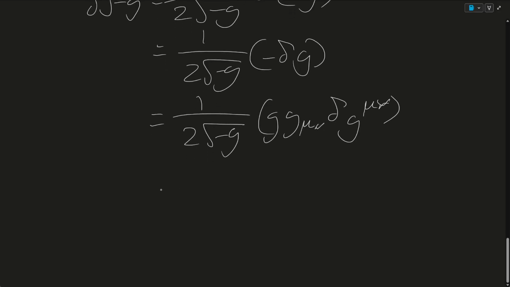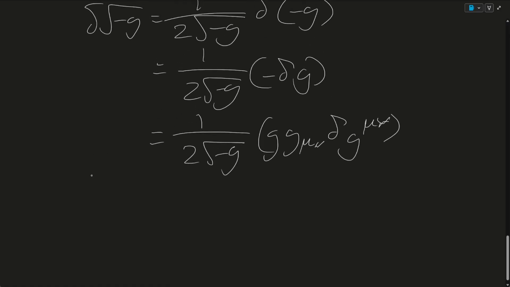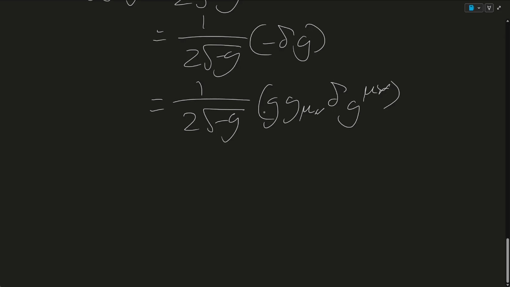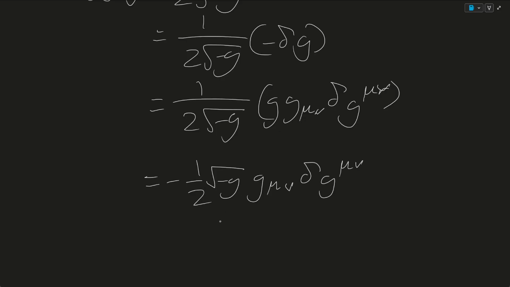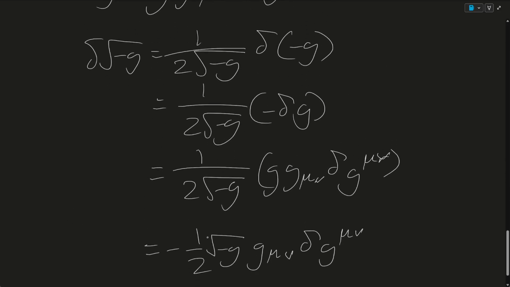Wonderful. And since g over root g is just minus the negative, it's just minus a half. So that's the minus from there, and then it's root minus g, which comes in here. Root minus g, g mu nu, delta g to the mu nu. Cool. That's a familiar sight.